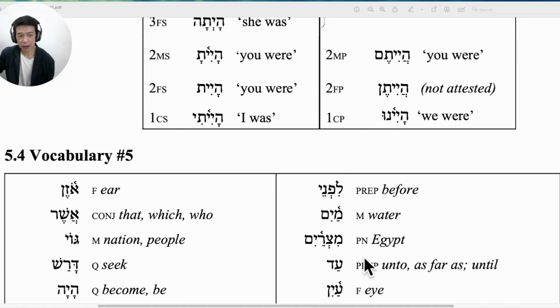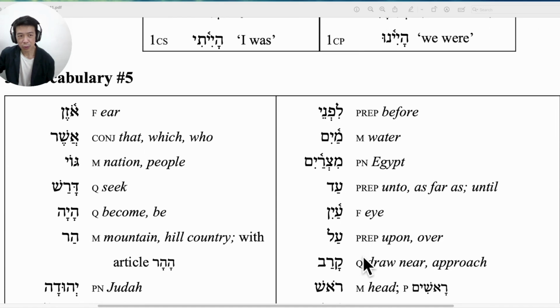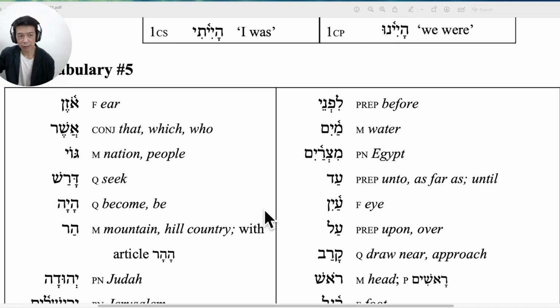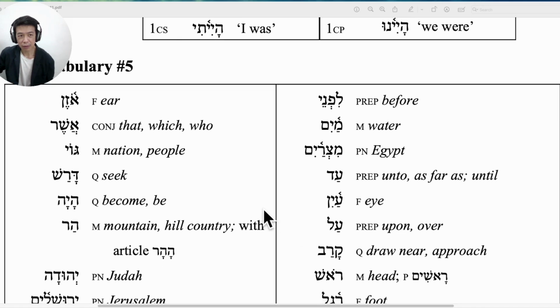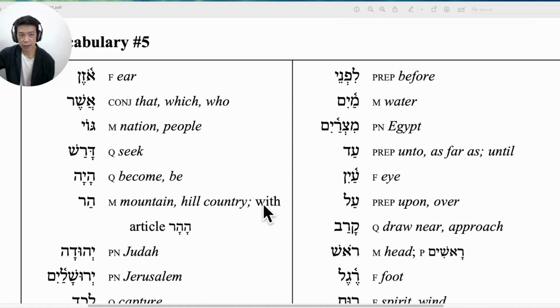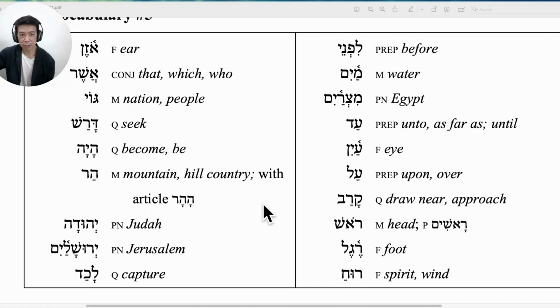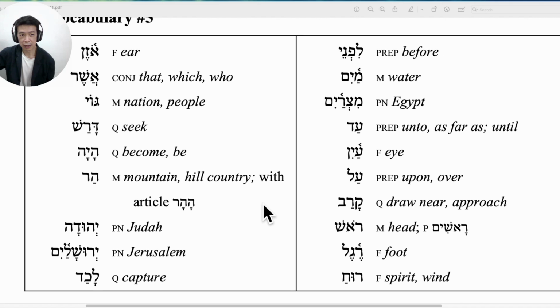Finally, let's take a look at some vocabulary. The first word on the top left in our vocabulary list is ear. Ear is a feminine noun, so it's ozen.